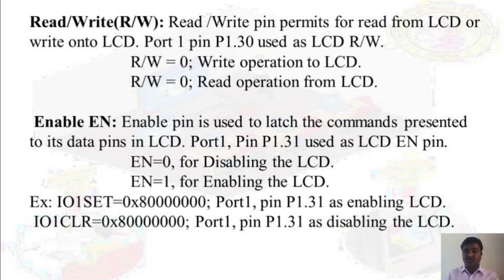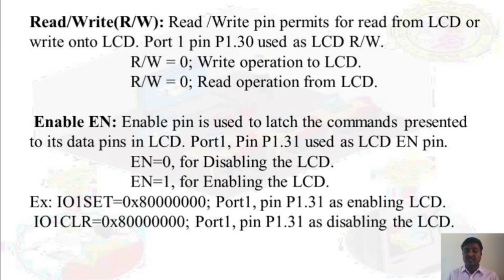The enable pin is used to latch the command presented to its data pins in the LCD. Port 1 pin P1.31 is used as the LCD enable pin. If enable equal to 0, the LCD is disabled; enable equal to 1 enables the LCD.